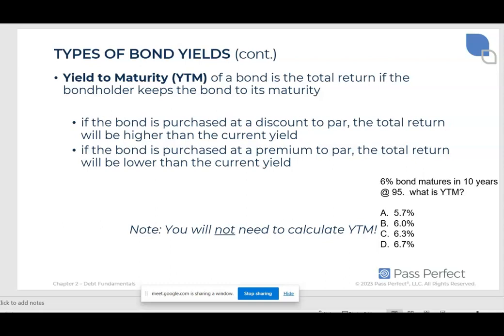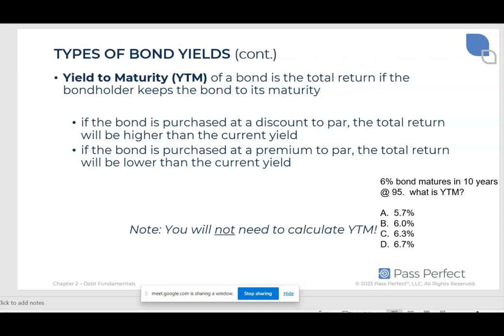Now, of course, the exact opposite happens when the bond's trading at a premium. A premium bond means it's above its par value, more than $1,000. But the bondholder still gets $1,000 on the maturity date. So if you bought it for $1,050 and you get $1,000 later, that's a built-in loss of $50. So if you count in this built-in loss, if they're going to lose some money on that, what's that going to do to their return?